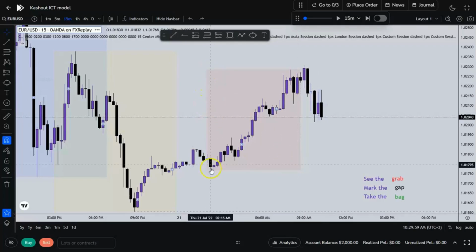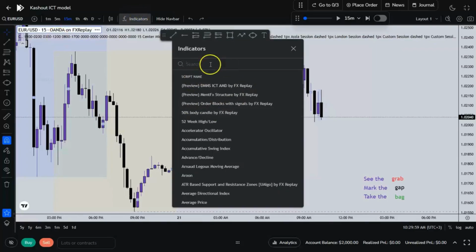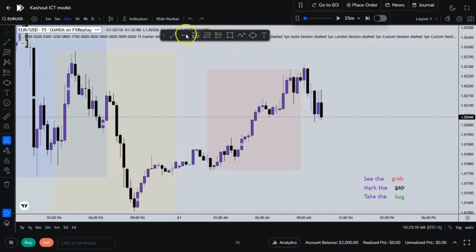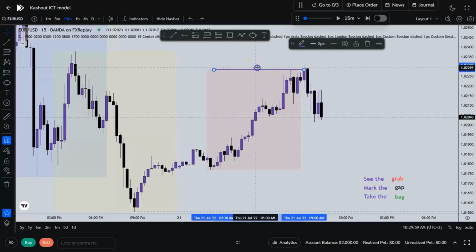So first of all, we'll need to mark off our session highs and lows, and to do this we need an indicator called FX sessions. You can see I have the indicator installed, and now we just come and mark our session highs and lows, which is the Asian session high, and extend it up to here.